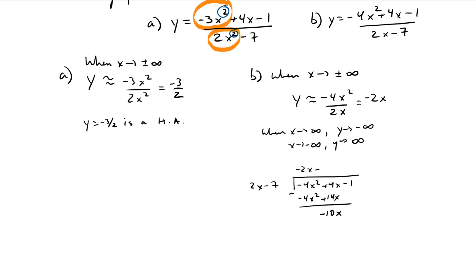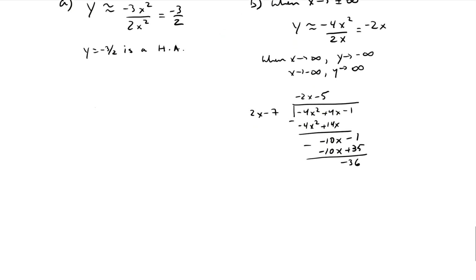How do we fit 2x into minus 10x? We need to multiply it by minus 5. That's going to give us minus 10x. Now I'm going to need to bring down that minus 1. And minus 7 times minus 5 is plus 35. I subtract, I get minus 36.